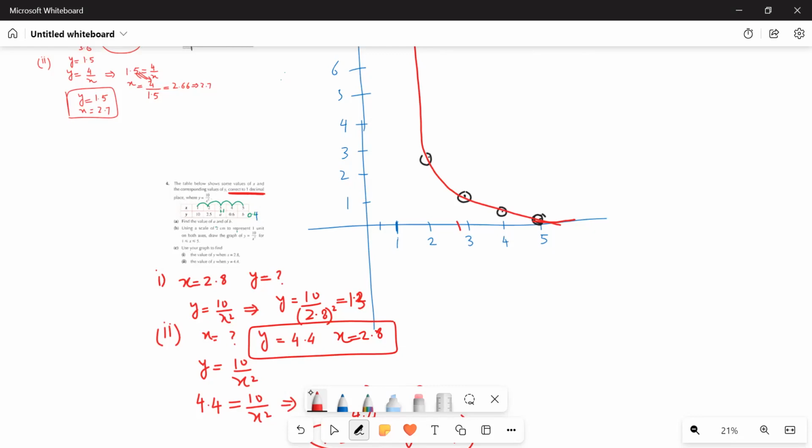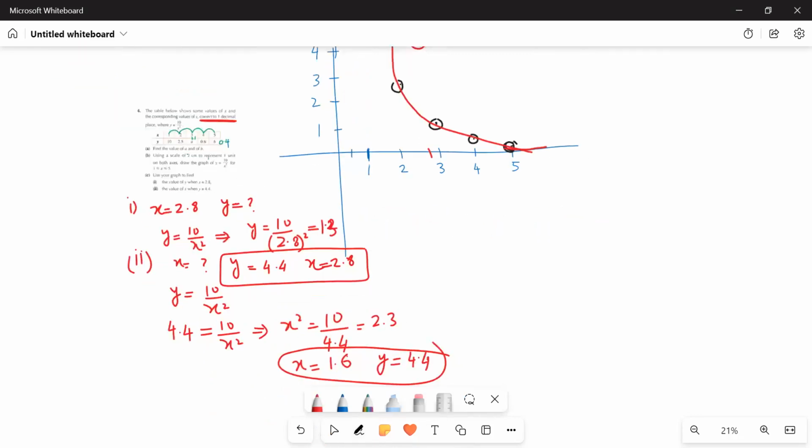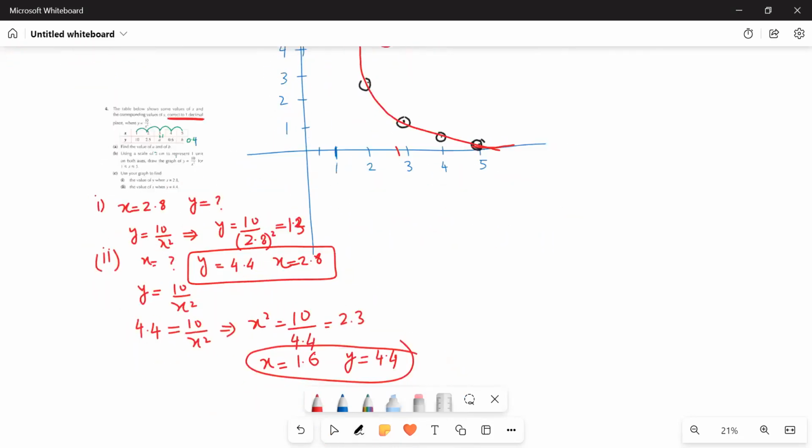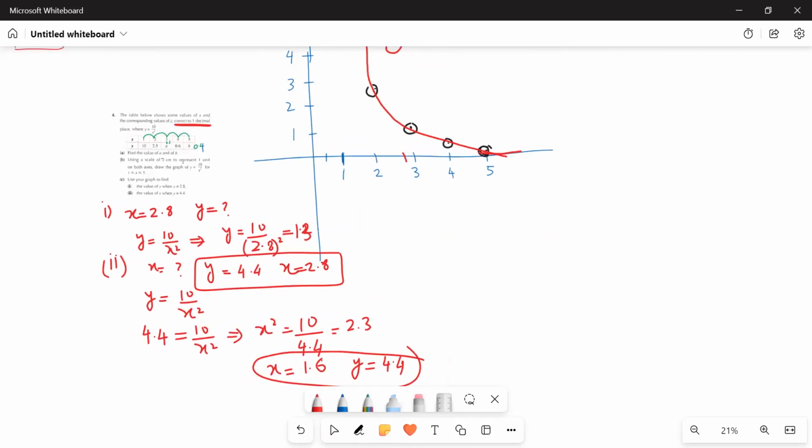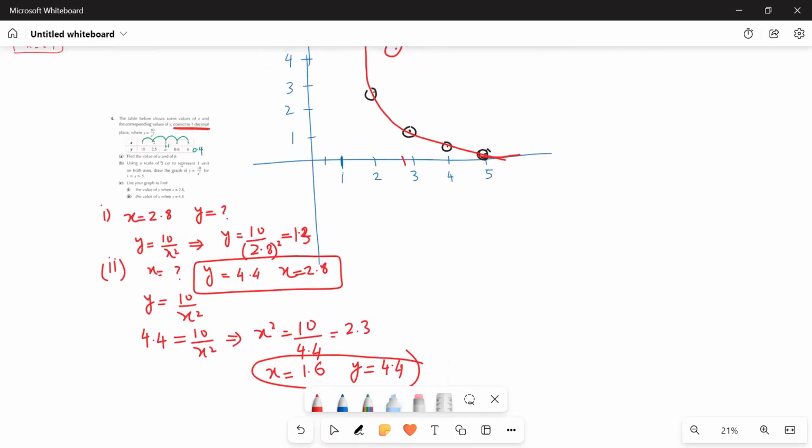It's not crossing the points on the graph. 2.8 and 4.4. These points are here. This is the first point. And the second point is x is 1.6, y is, we are getting the same value for y, 4.4.